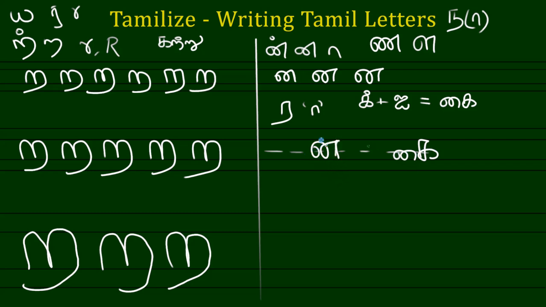So that will give you the difference between na and ka, because in handwriting form, for example, I'm writing punnagai, the Tamil word punnagai. You see, in handwriting people write like this. So how do you differentiate, right?